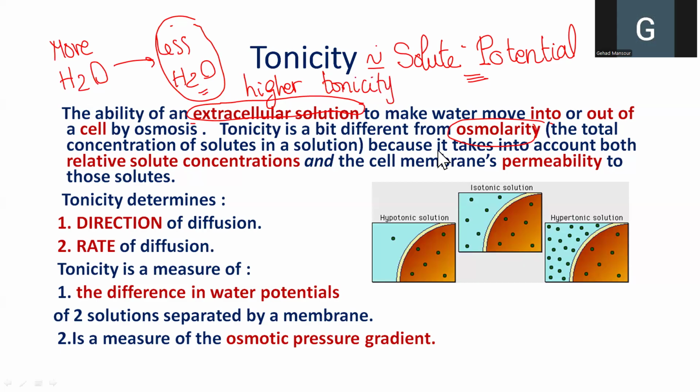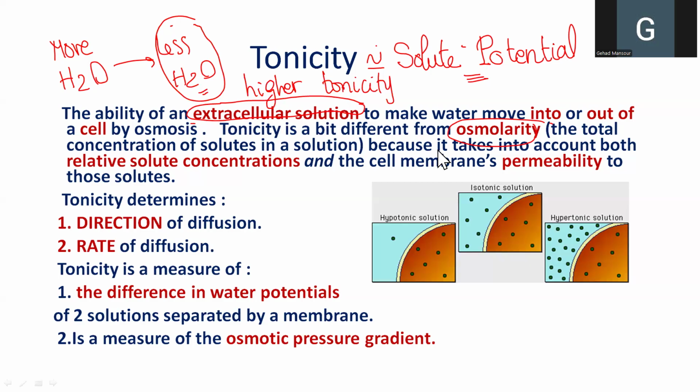Osmolarity doesn't help us determine the direction of water flow, because it just describes one solution and not the relative concentrations of solutes in the two solutions that are separated by a semi-permeable membrane, and therefore does not determine the relative concentrations of solutes on both sides.